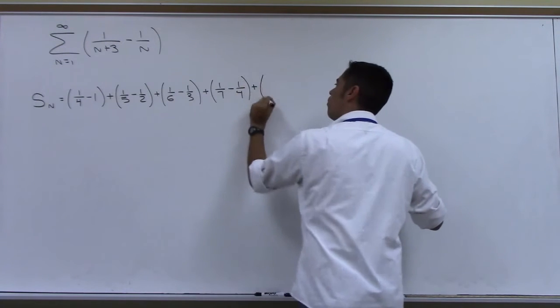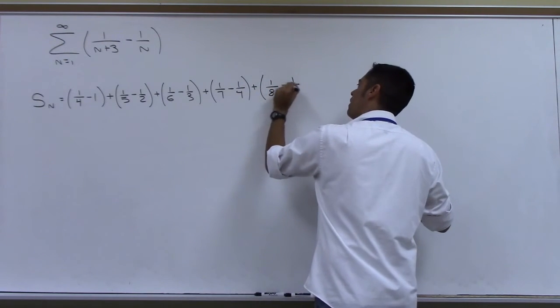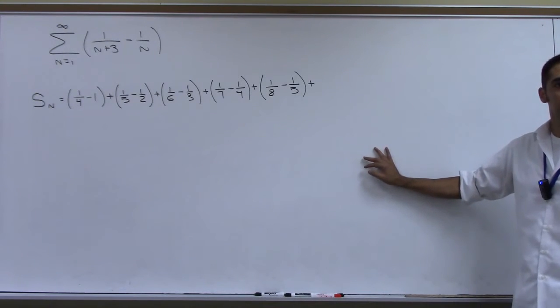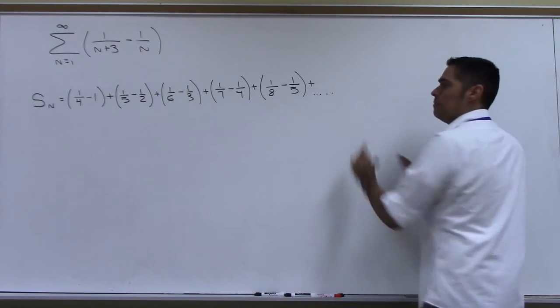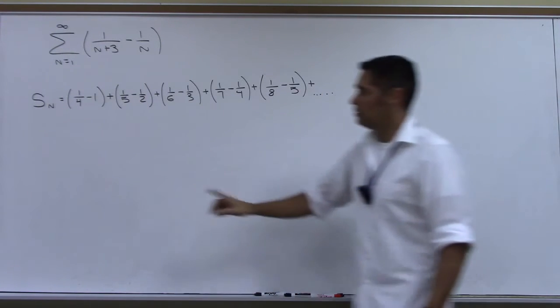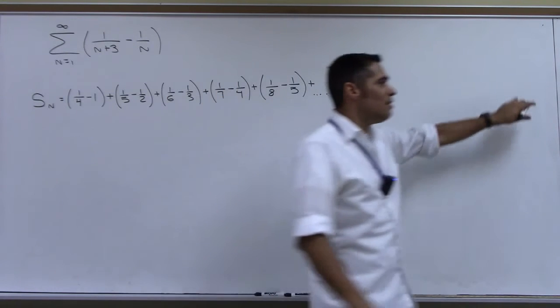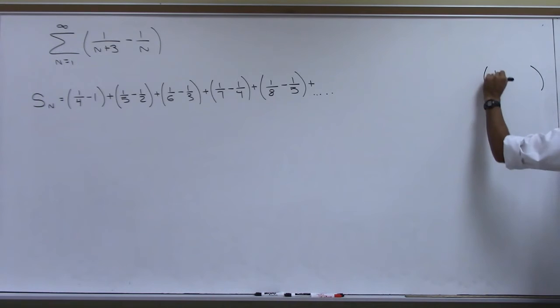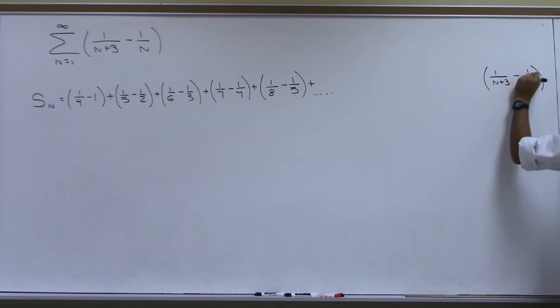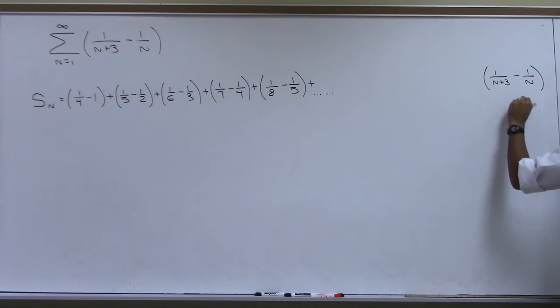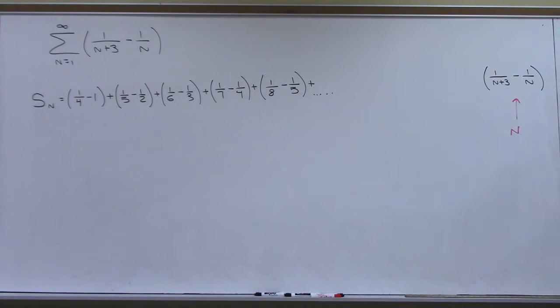Do one more, plus 1/8 minus 1/5 plus, and so on. Dot, dot, dot means it keeps going, but I'm going to stop it at n. So what's the last one over here look like? 1 over n plus 3, and then minus 1 over n. Agreed?